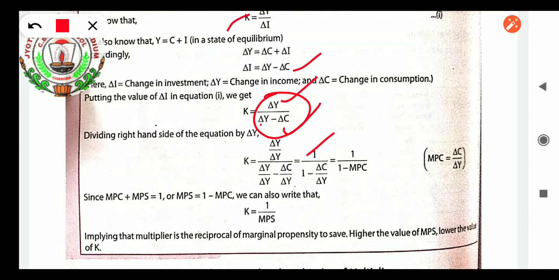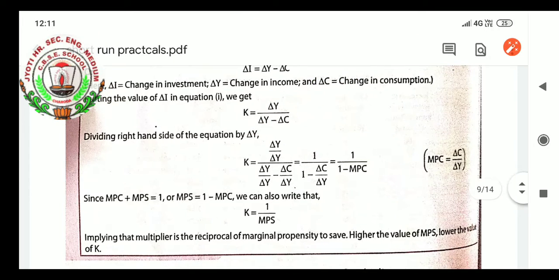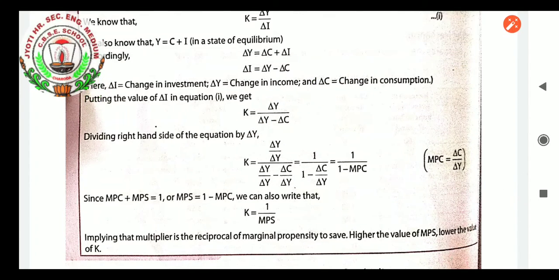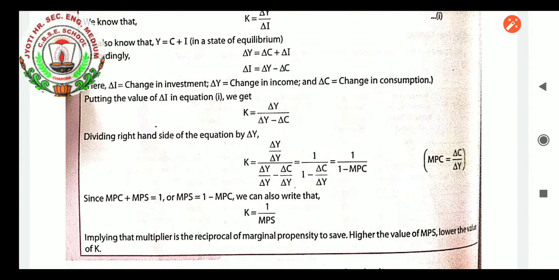Delta Y upon delta Y again gives 1. Then delta C upon delta Y, what is delta C upon delta Y, I want to know. If you remember, it equals MPC. So if we substitute the values, we get k equals 1 divided by 1 minus MPC. So this is the elaboration of how the formula is made.